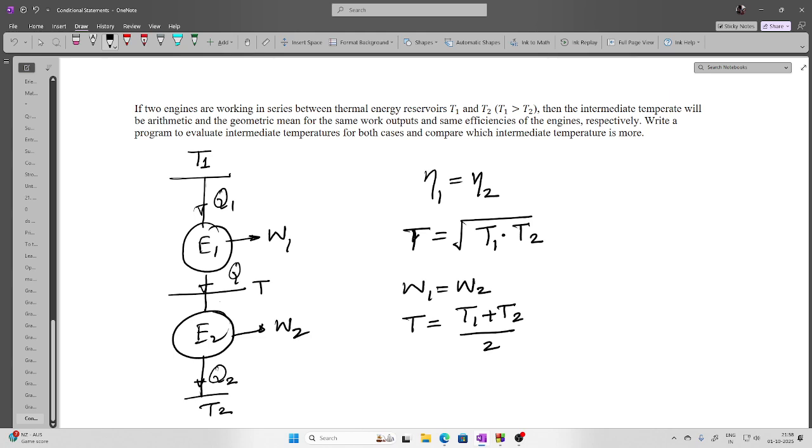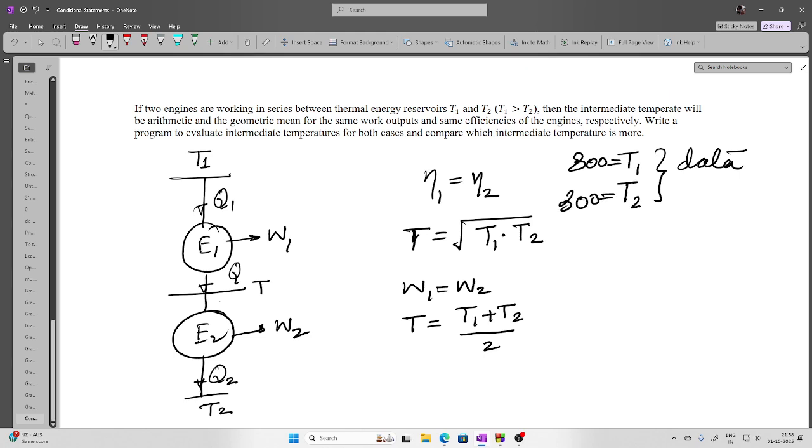It is very simple. So the user will be giving you what? T1 as well as T2. So these are the first primary pieces of information. Okay, let's say this is 800 and let's say this is 300.